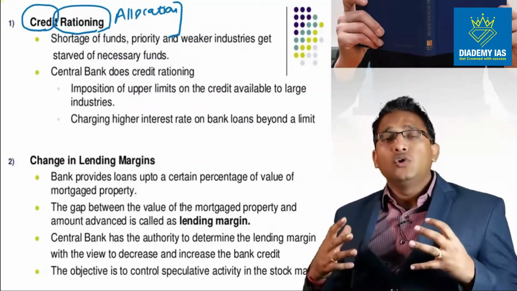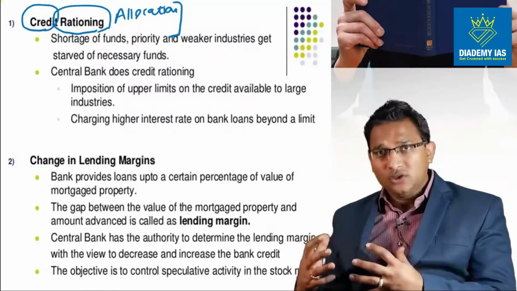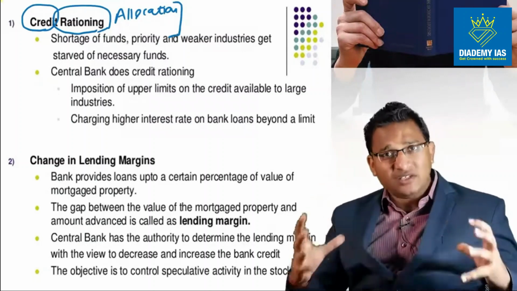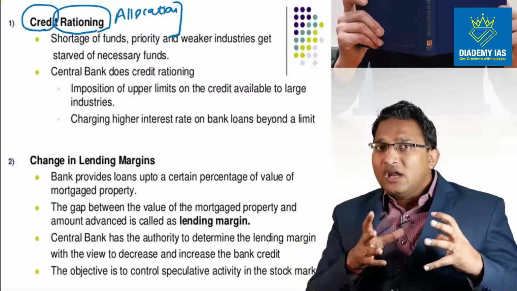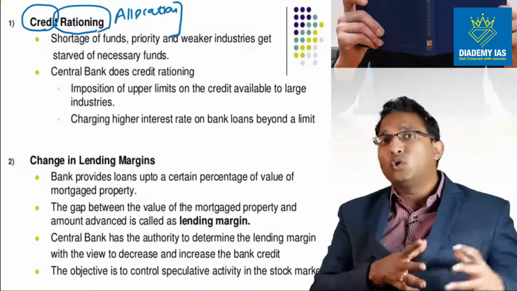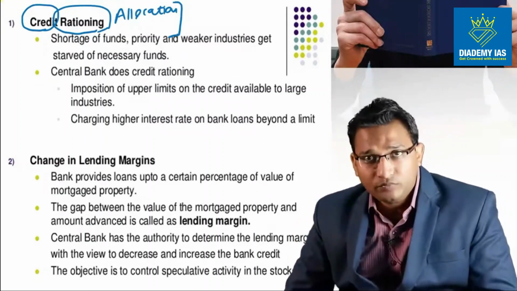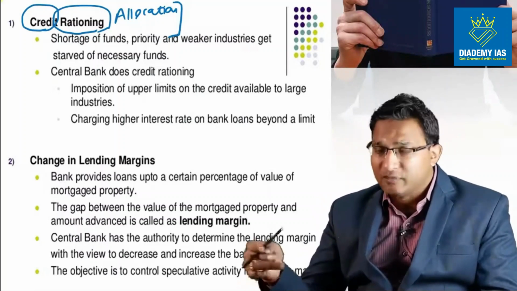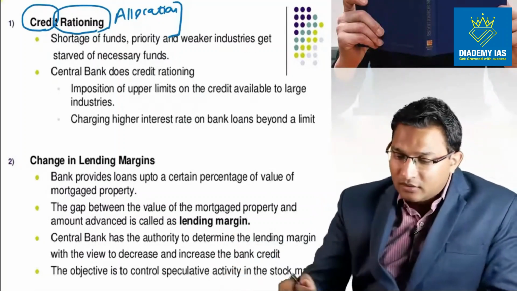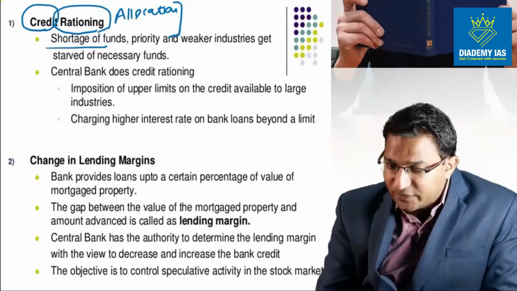No. If we want inclusive growth, if we want every section of the society to develop, then there should be an equal flow to all the sectors of the society. So here this credit rationing comes into play. Normally there is a shortage of funds, especially for the priority and the weaker industries.